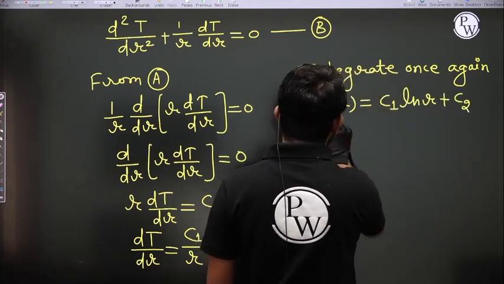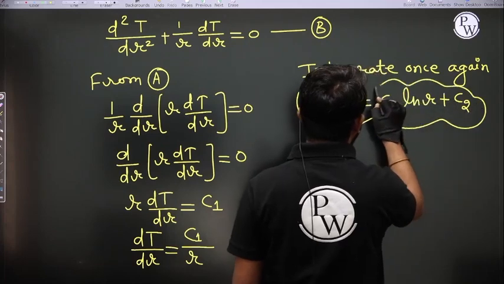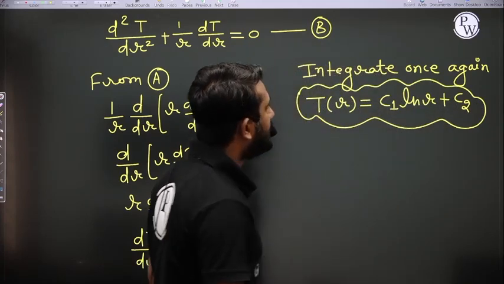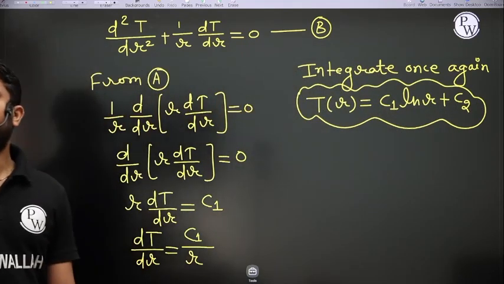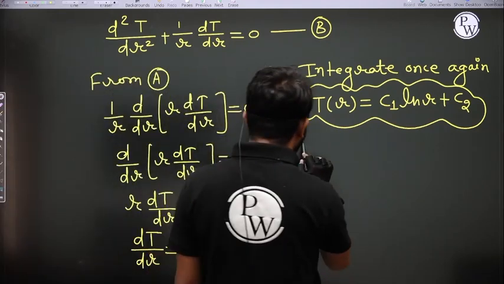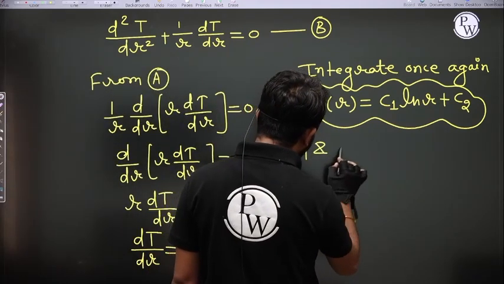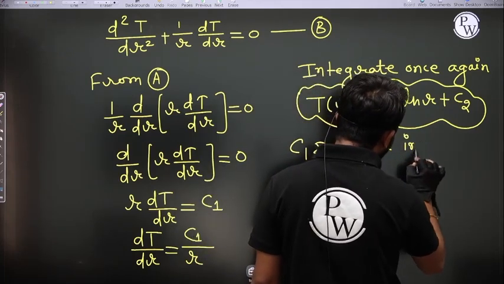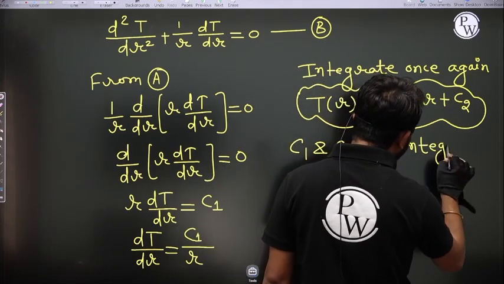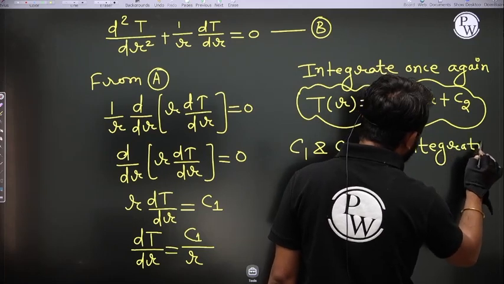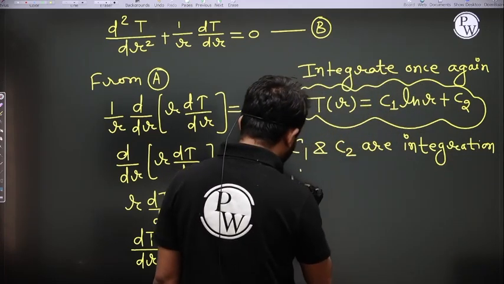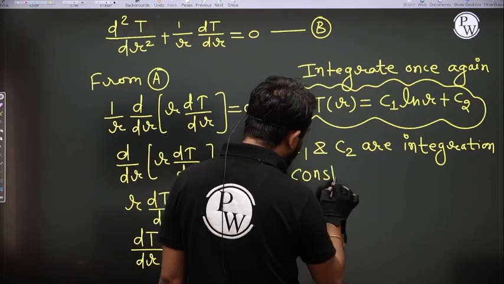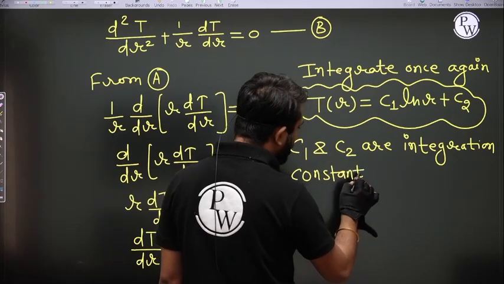So this is the temperature variation with R. And c1 and c2 are integration constants.